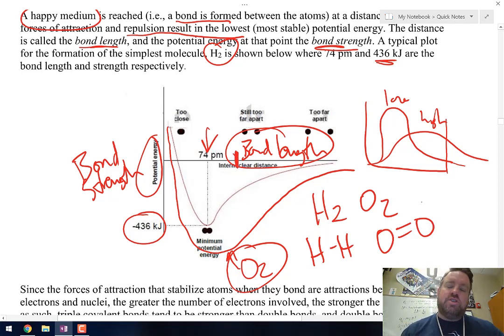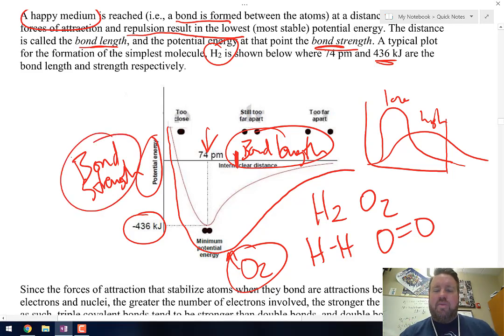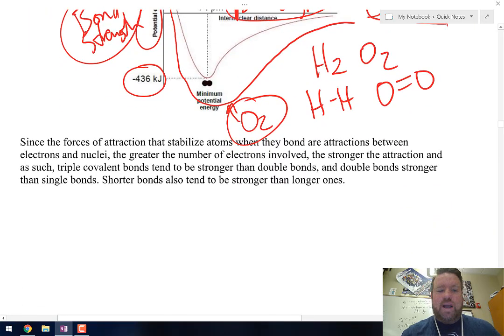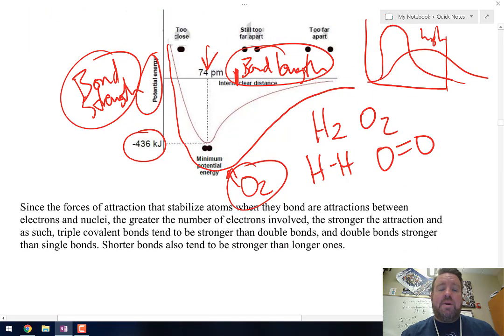So when they give you a graph of different ones, and I'm thinking of your tests coming up, what you're looking at is: is there really a difference in their bond length? Usually it's the bond strength that will give away which one it is. But sometimes, like oxygen, you could probably assume that oxygen's going to have a bigger internuclear distance.